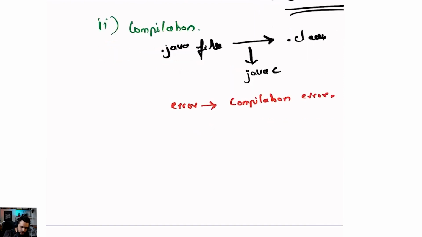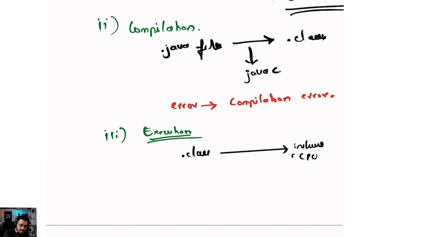Now, the third step is execution. In the execution phase, what happens? We take the .class file and convert it into instructions which are given to the CPU. Who does this? This is done by the JVM, Java Virtual Machine.